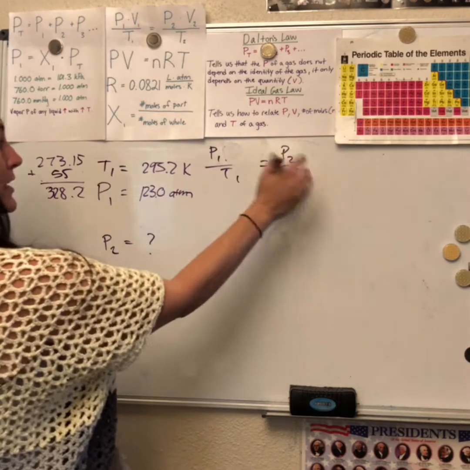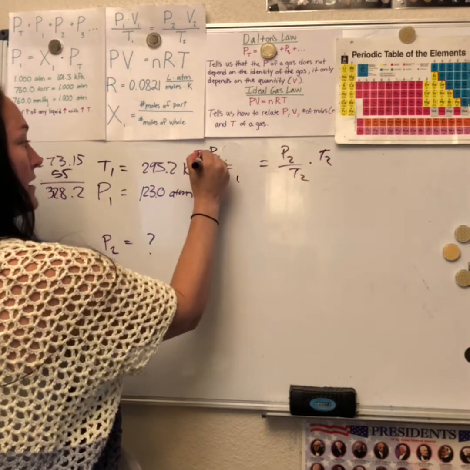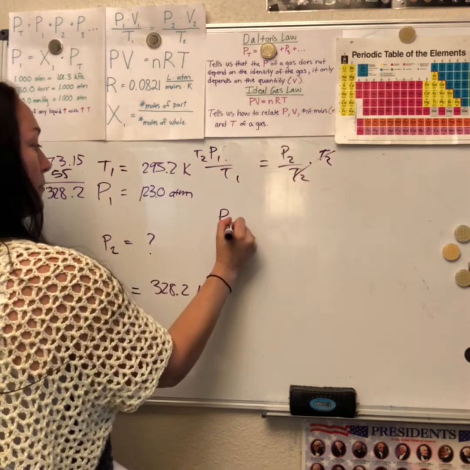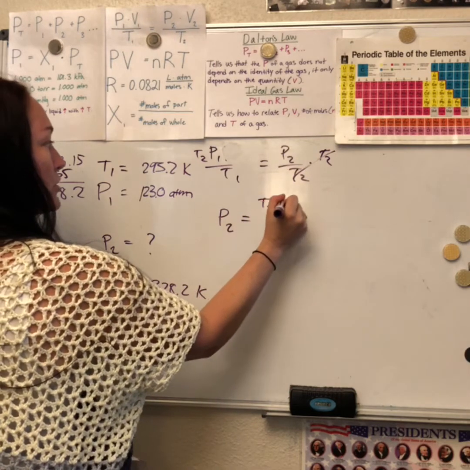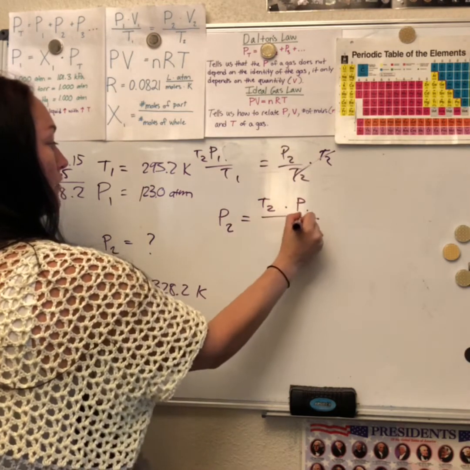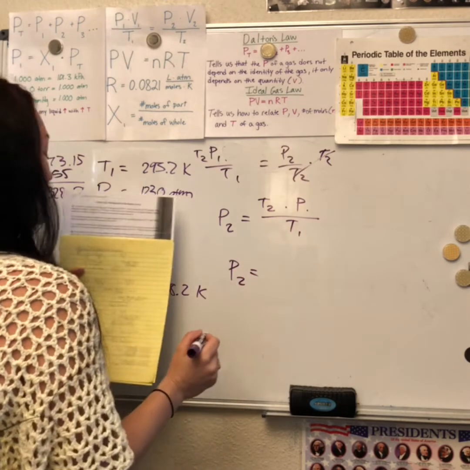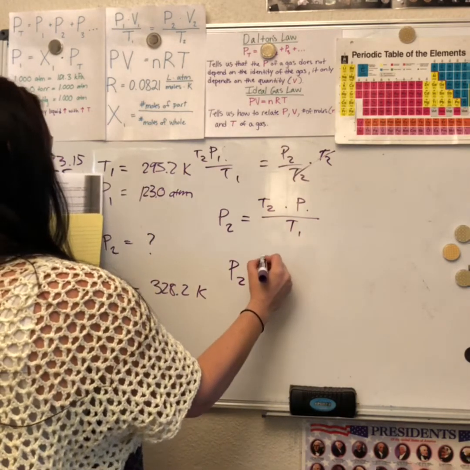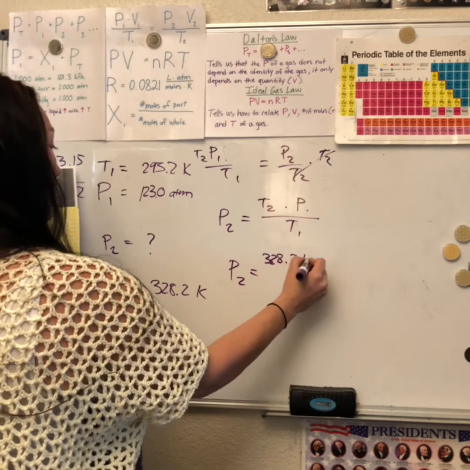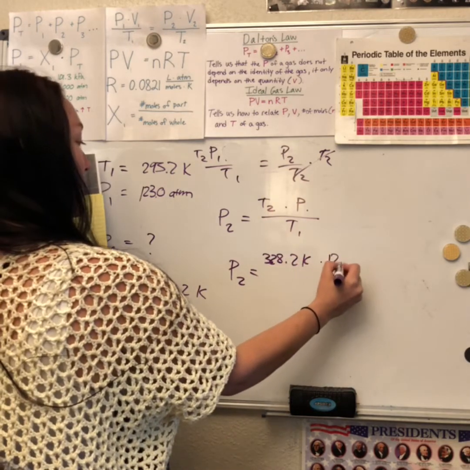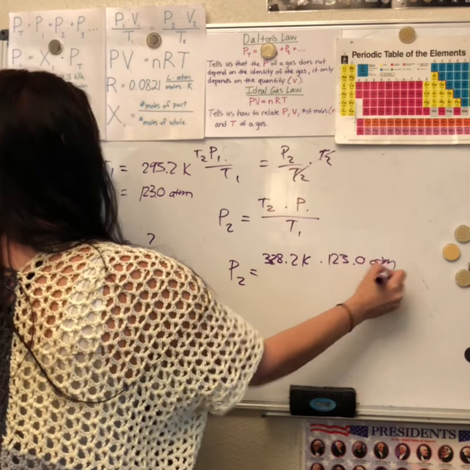All right, so let's rearrange. I'm solving for P2, so let's just multiply right here. So now I have pressure 2 equals temperature 2 times pressure 1 over temperature 1. So go ahead and plug those in. Looks like I've got 328.2 Kelvin. Pressure is 123 atmospheres.